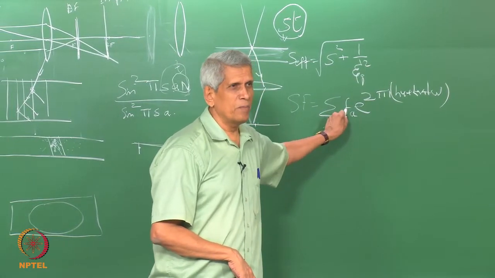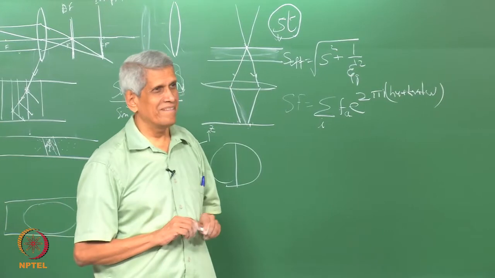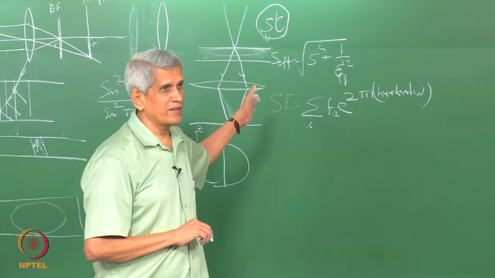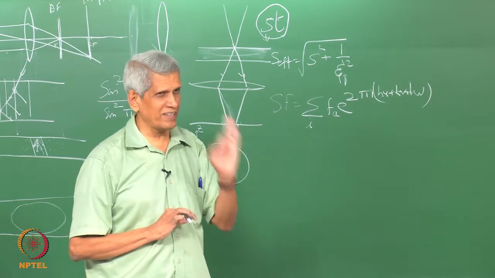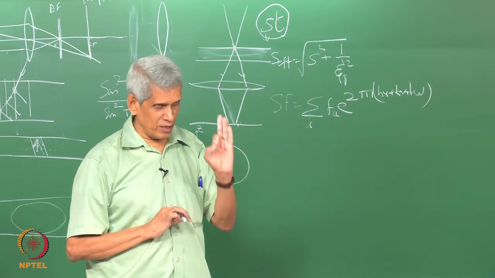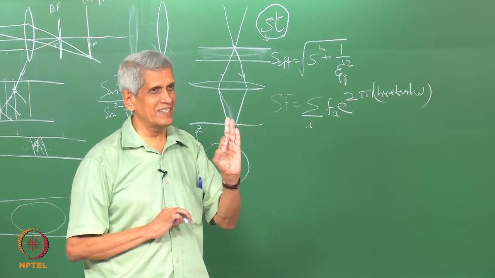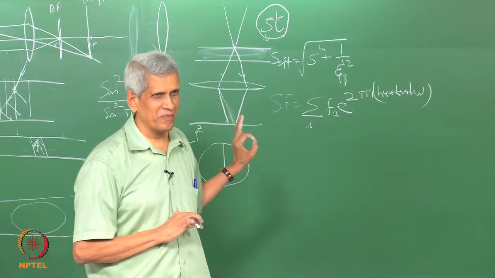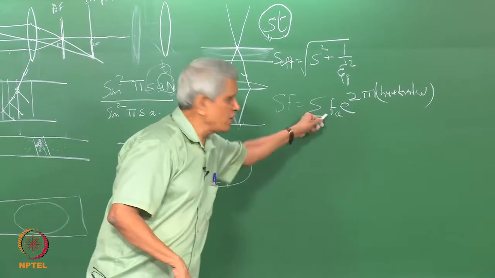If Fa becomes large, what happens? The scattering factor will increase. What does the scattering factor say? It says how much is going to be the intensity or the amplitude of the scattered wave. So, the amplitude of the scattered wave increases if Fa increases.